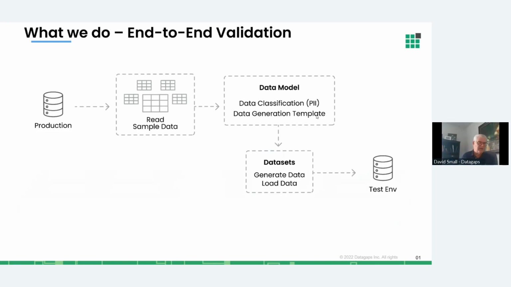We keep correlations of foreign key and primary key and other correlations in the production data. Once we run that through the test data management capability, we generate data sets that then can be loaded into flat files or to databases if that's what you're looking to be able to do.